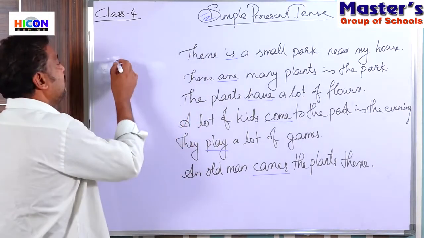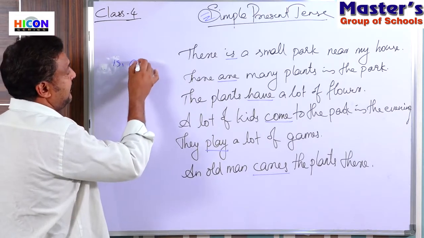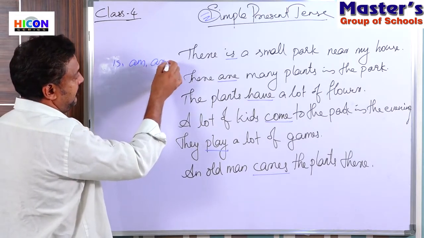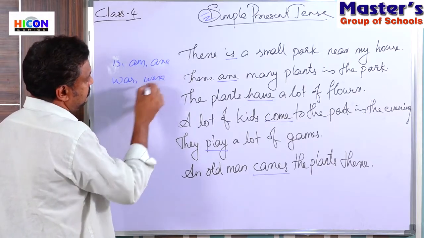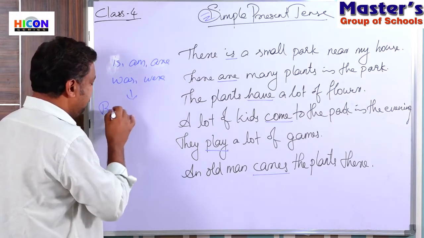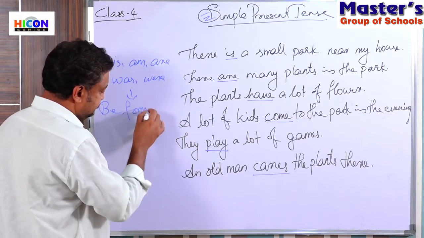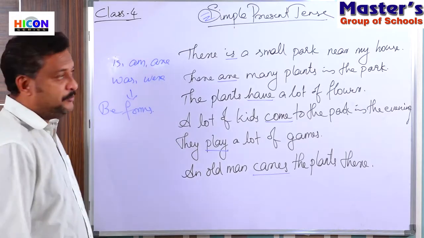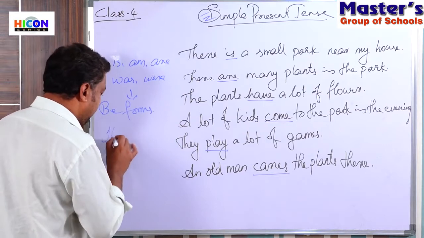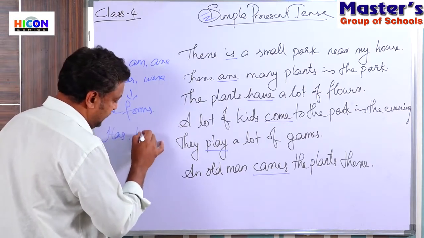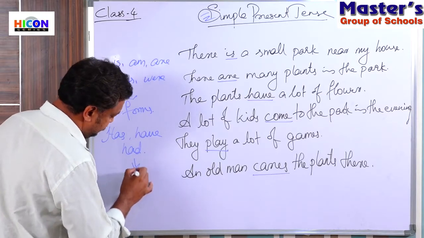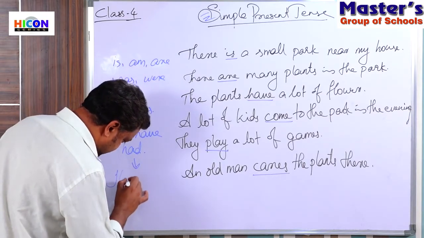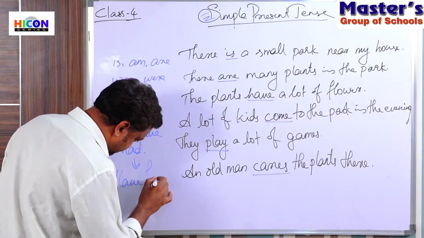So we know is, am, are, was, were. These are the be forms, isn't it? And has, have, had. They are the have forms.